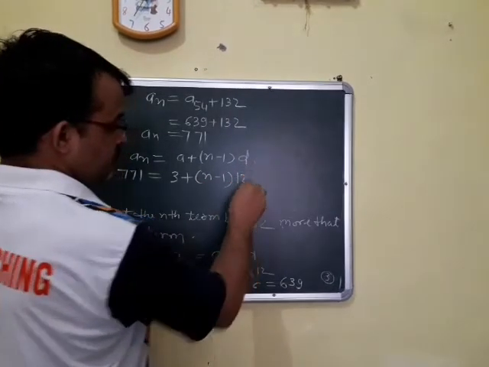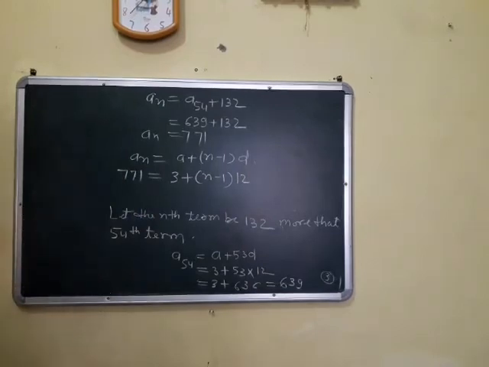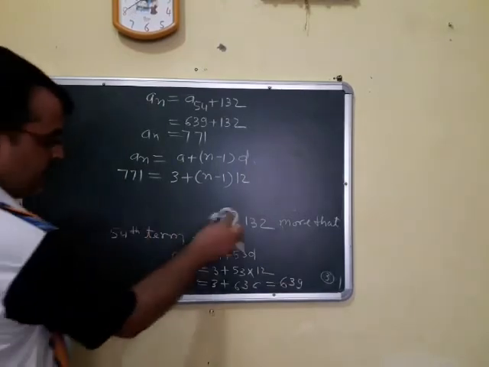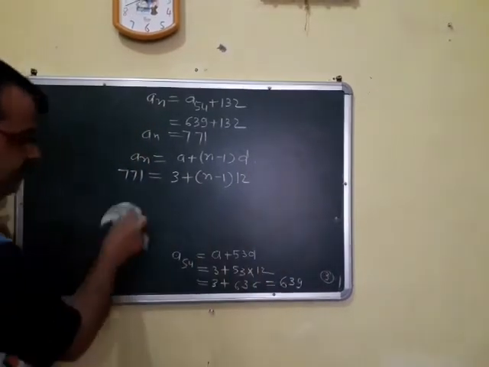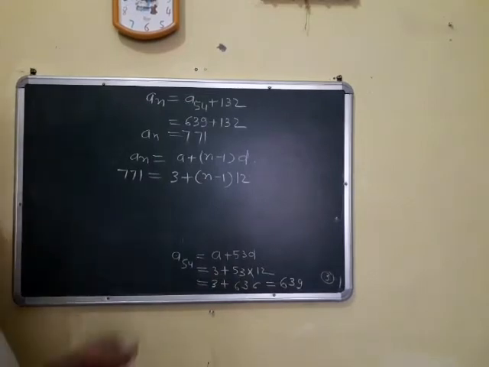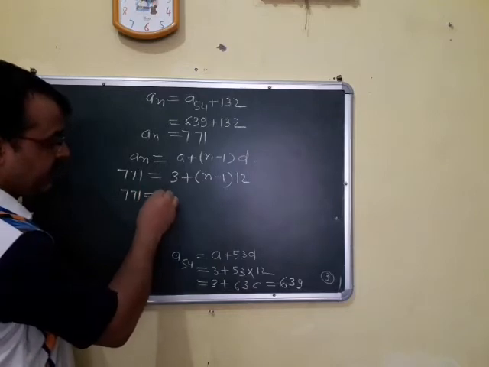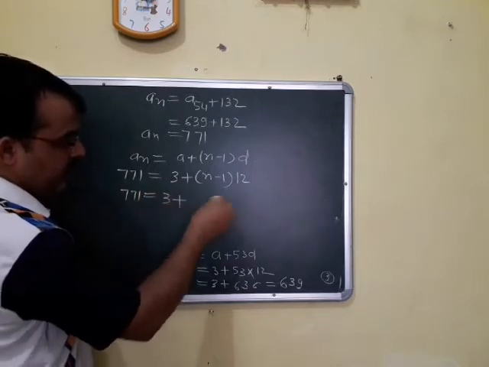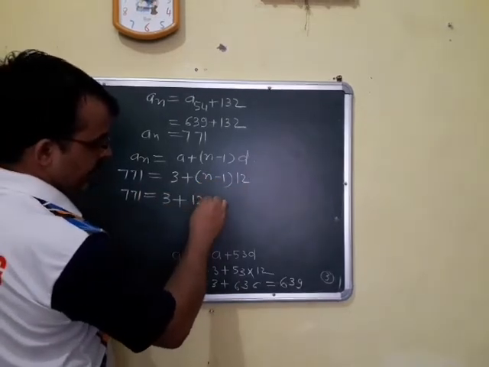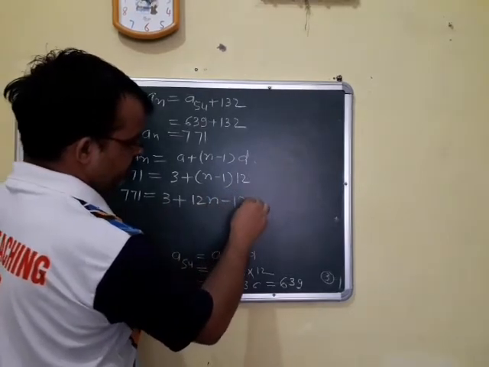D is 12. Now solve this equation, we get here n, 771 is equal to 3 plus 12n minus 12.